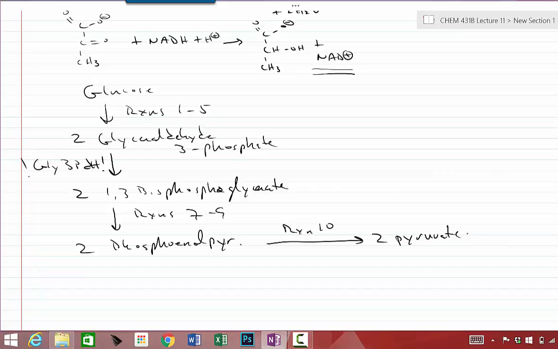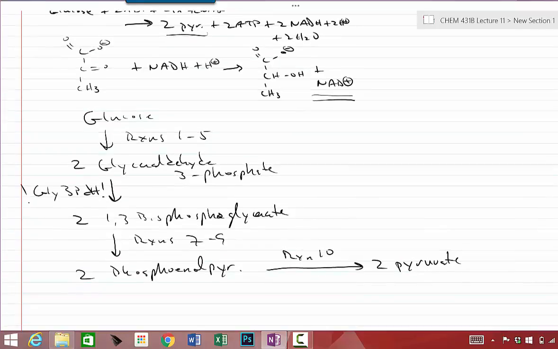And then, as I said, in strenuous exercise conditions, the pyruvate can go on to make 2 lactates. And the enzyme that does this is called lactate dehydrogenase.